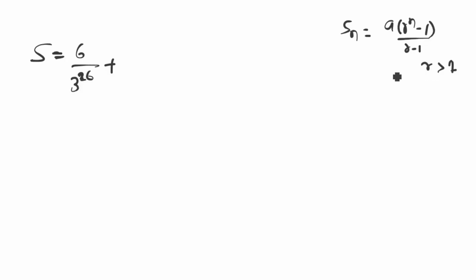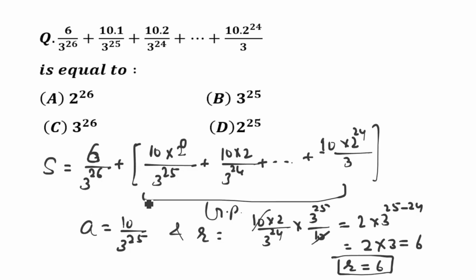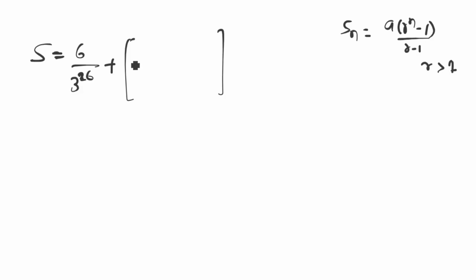Here r is 6, so it is greater than 1, so we'll apply that. a is 10 by 3 to the power 25, and r is 6 to the power n, which is 25, minus 1, divided by r minus 1, where r is 6, so 6 minus 1.